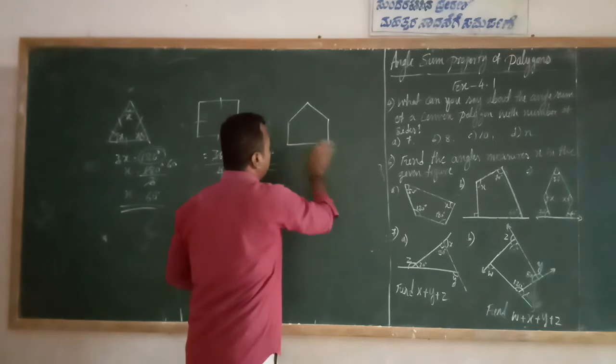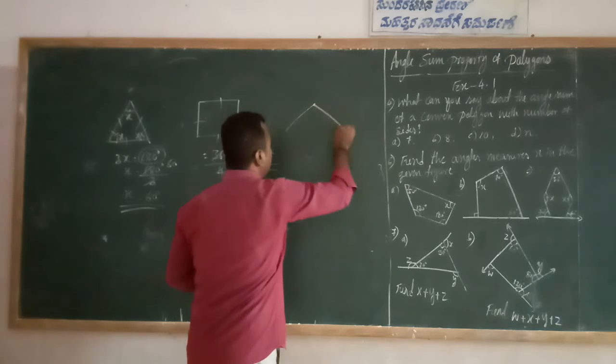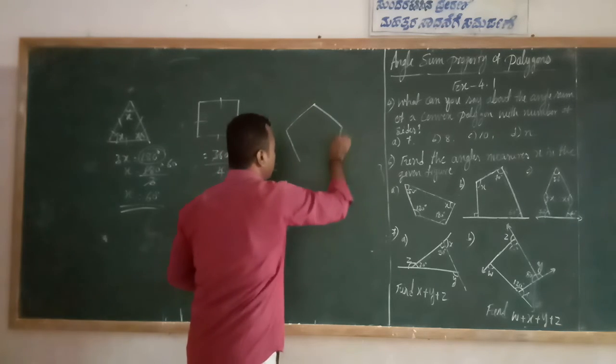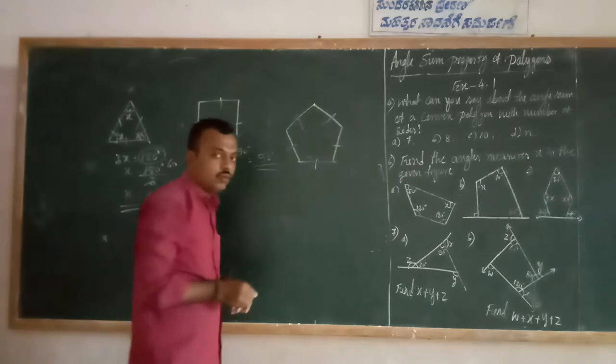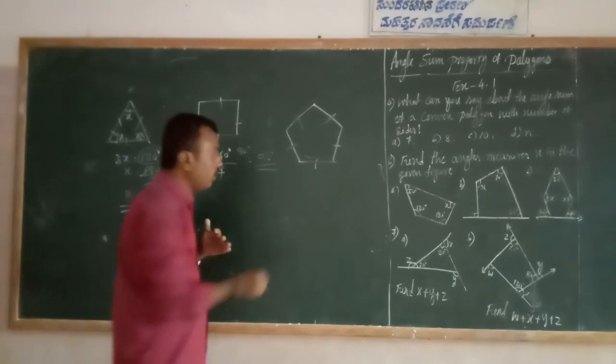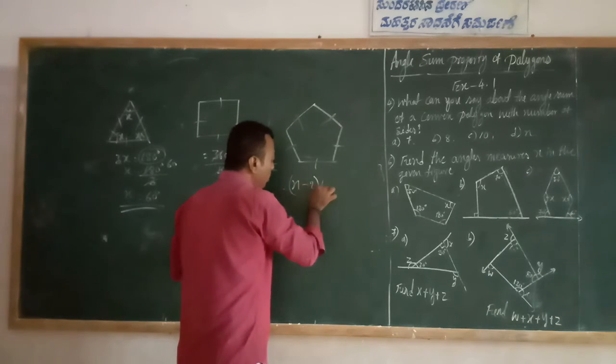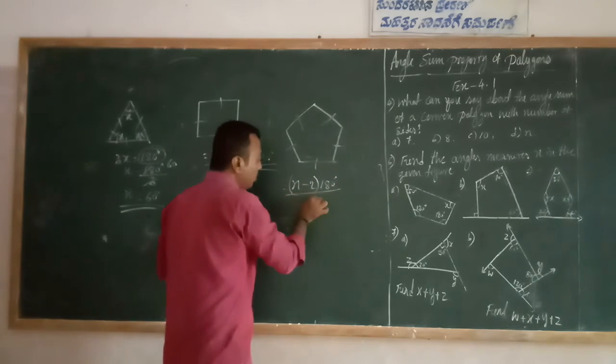So like that, regular pentagon. All sides are equal. In a regular pentagon, what is the sum of the angles? Very simple: (n minus 2) into 180, whole upon n.